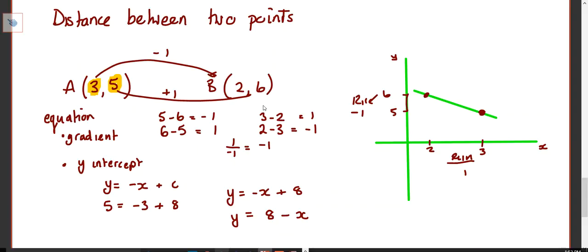Is it like the square root of 1 squared plus -1 squared? Why? What are we doing? Find the hypotenuse. Okay. This all links in. What I'm actually looking for is this distance going between those 2 points.